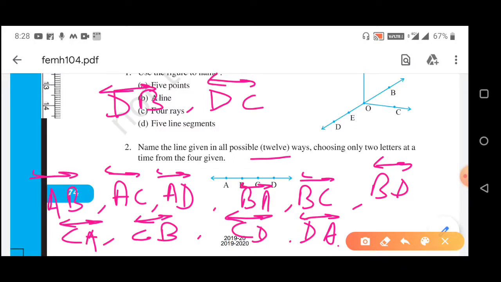So here we have 12 possible names of the given line.